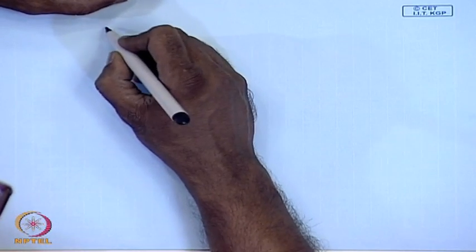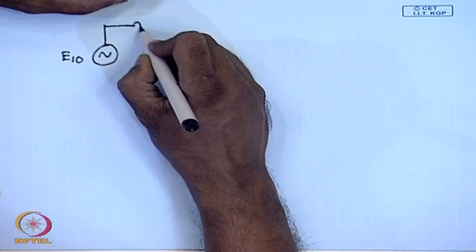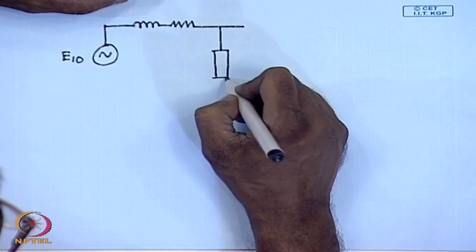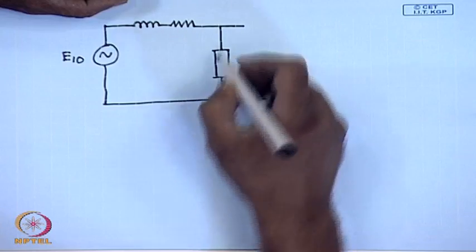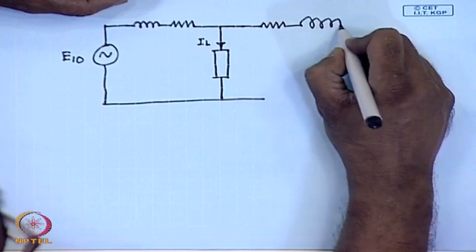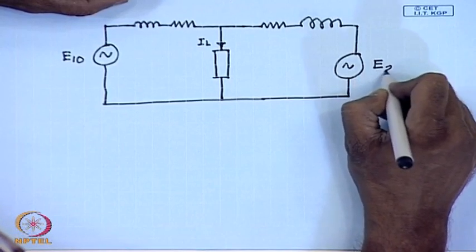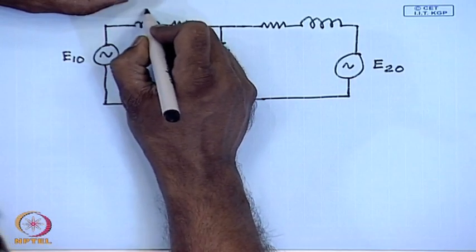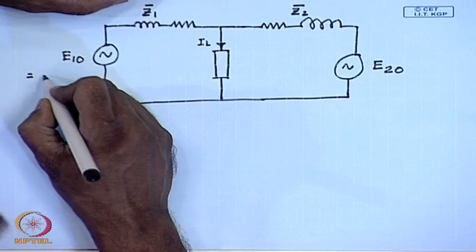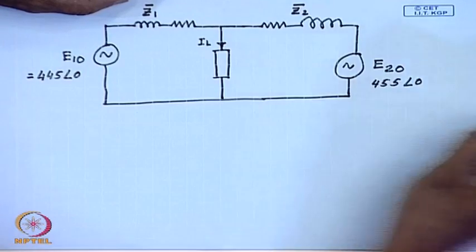So, the equivalent circuit will be E10 in series with Z1 supplying the load, this is the load current IL, E20 connected in parallel, this is Z1, this is Z2, E10 equal to 445 angle 0, E20 equal to 455 angle 0, since they are co-phasor, they are connected to the same supply.